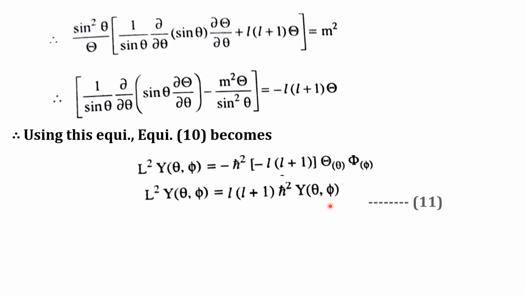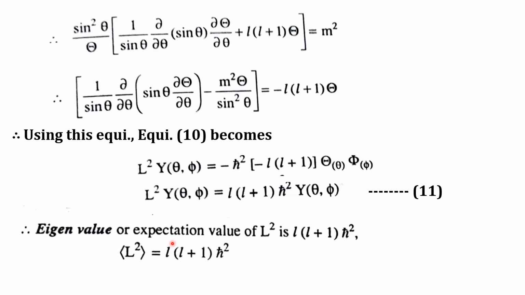This equation 11 represents the eigenvalue equation for L squared, and L squared has eigenvalue l into l plus 1 h cross squared. Eigenvalue is nothing but expectation value. Hence, we write the expectation value in angle brackets, L squared, equal to l into l plus 1 h cross squared.